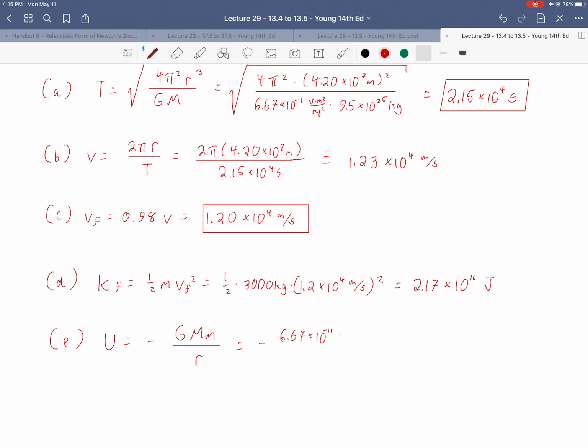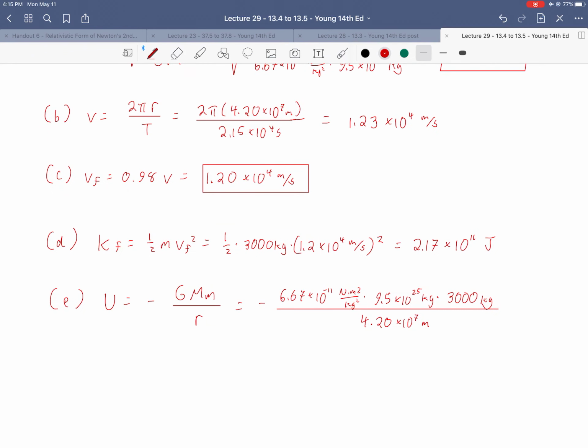So we got 6.67 times 10 to the negative 11 Newton meter squared per kilogram squared. Mass of the world, 9.5 times 10 to the 25 kilograms. Mass of the ship, 3,000 kilograms, divided by the radius of the orbit, 4.20 times 10 to the 7 meters.